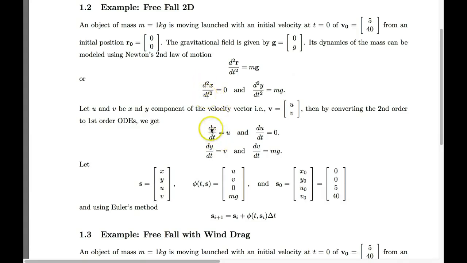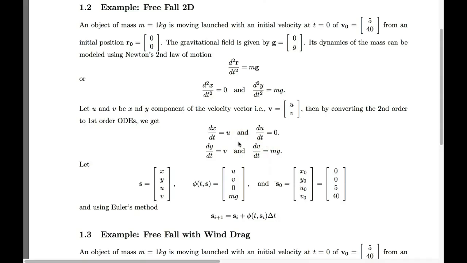So this one becomes dx/dt equals u, which is the velocity, and du/dt, which is the acceleration, equals 0. For the second case, we have dy/dt equals the vertical velocity v, and dv/dt equals mg. So we have converted this second-order vector differential equation into four first-order differential equations.